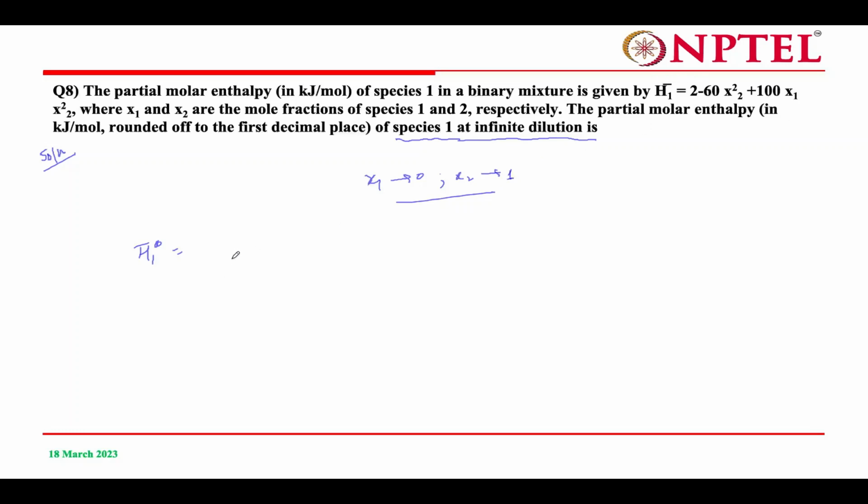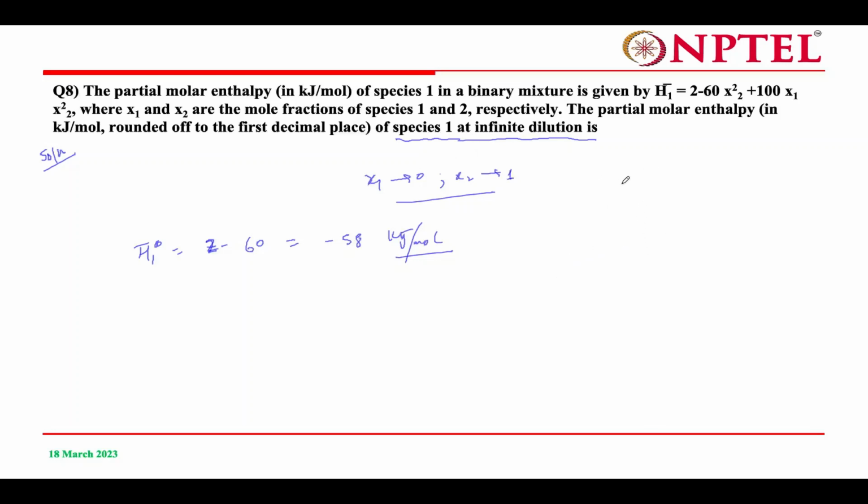So 2 minus 60, that x1 is 0, this term vanishes, so 58 kilojoule per mole, right? Suppose it asks to calculate the partial molar enthalpy for species 1 and species 2 at infinite dilution.